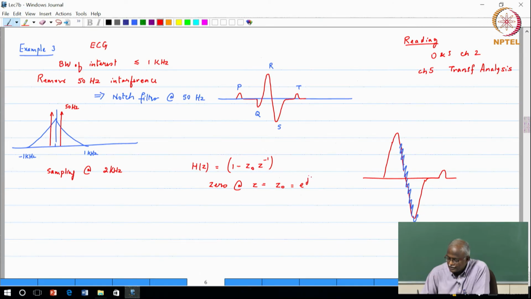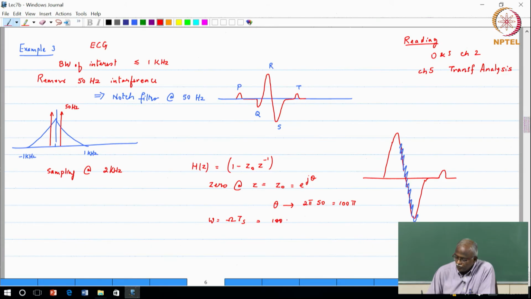So, we will call it e power j theta, and what is theta? Theta corresponds to the 0 location, which must correspond to 2 pi times 50 hertz. So, that is 100 pi if you look at it in the continuous time. Now, this is actually getting sampled into the discrete time domain. So, omega is equal to omega times Ts.